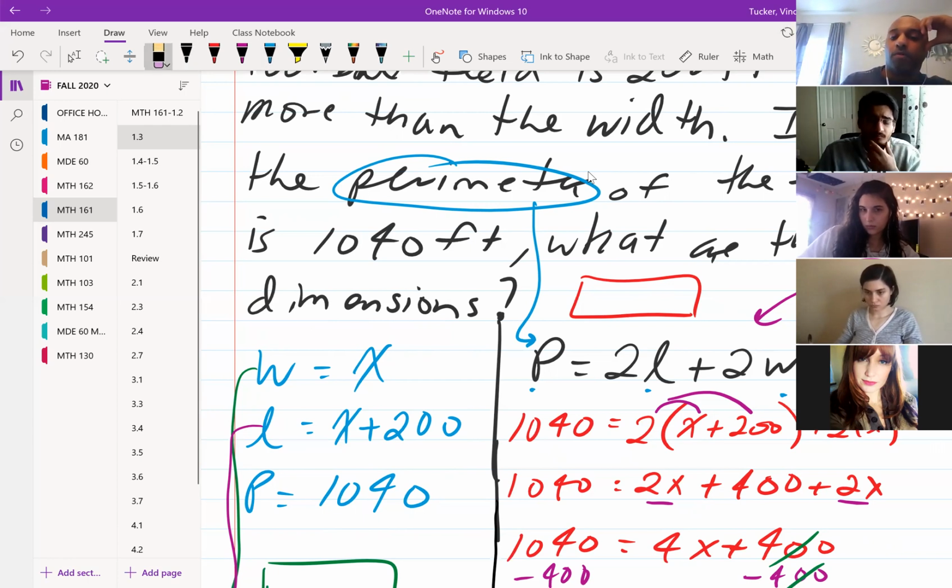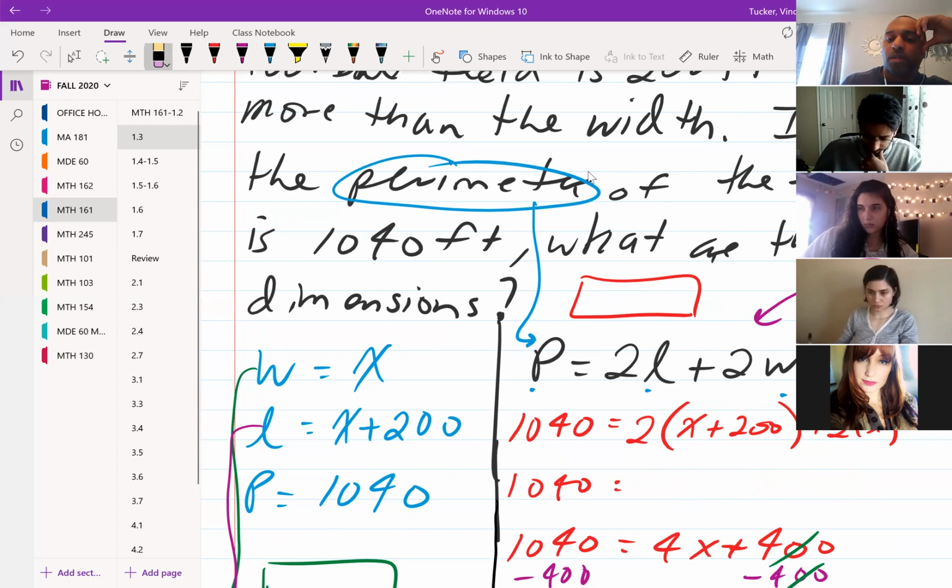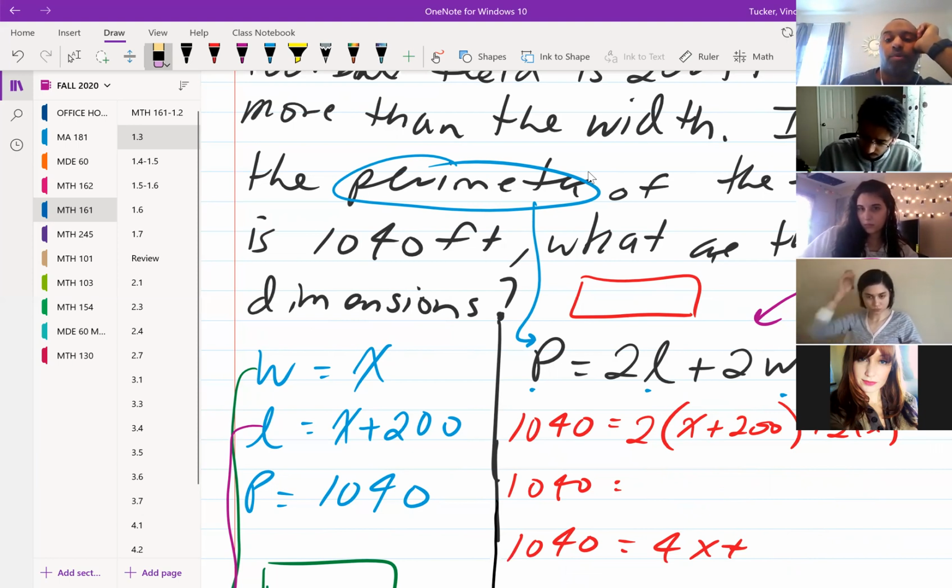And let me erase some stuff so we can walk through it. All right, so you plug in P, L, and W accordingly. 1,040 is equal to 2 times (X plus 200), excuse me, plus 2 times X. So we would distribute the 2.